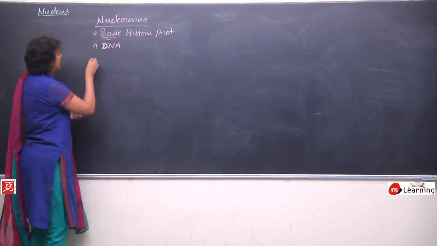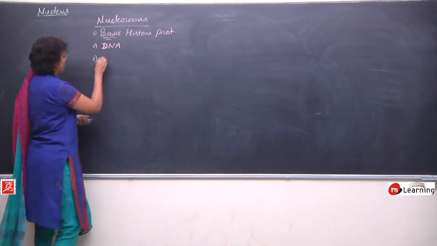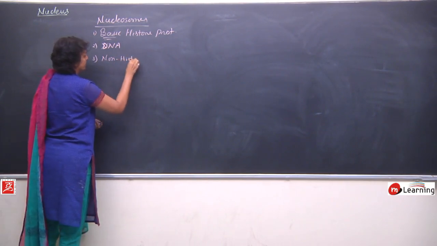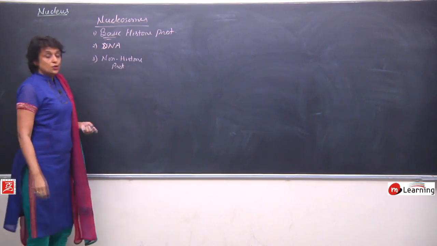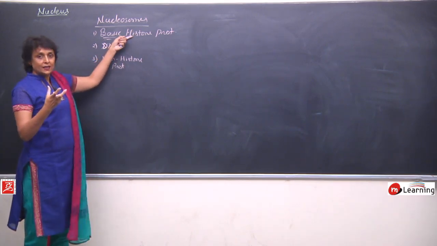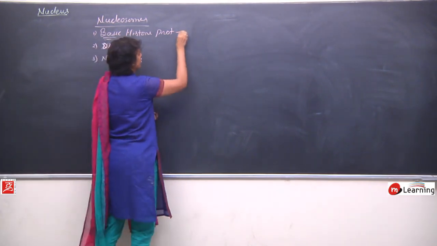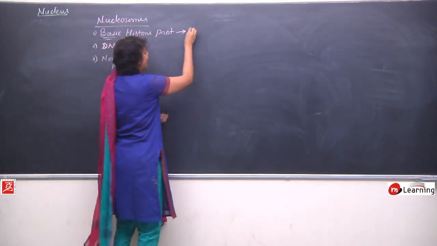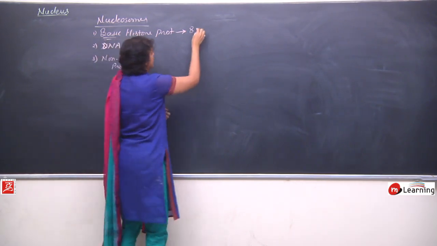We will talk about that. And there are some acidic non-histone proteins. So, basically the main things are histone proteins and DNA. Histone proteins are 8 in number. There are 8 histone proteins present in the nucleus.